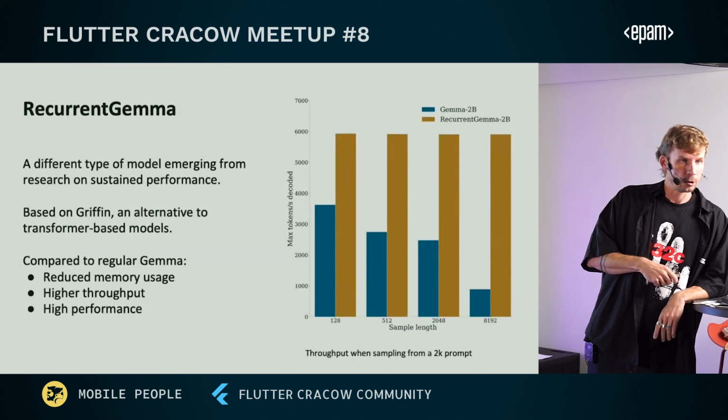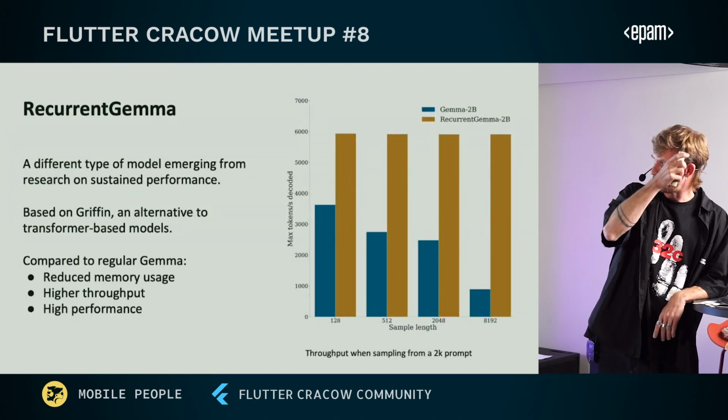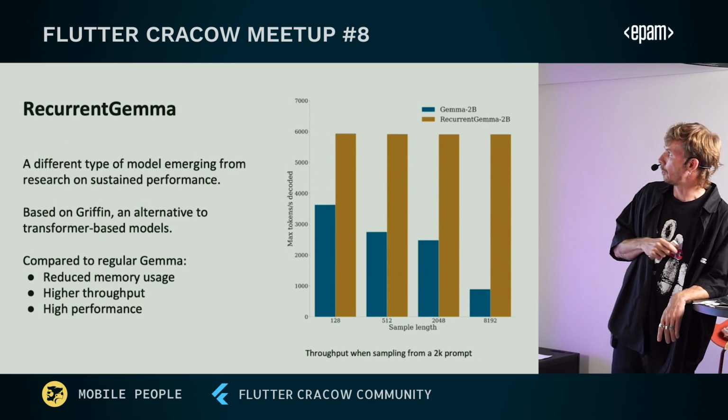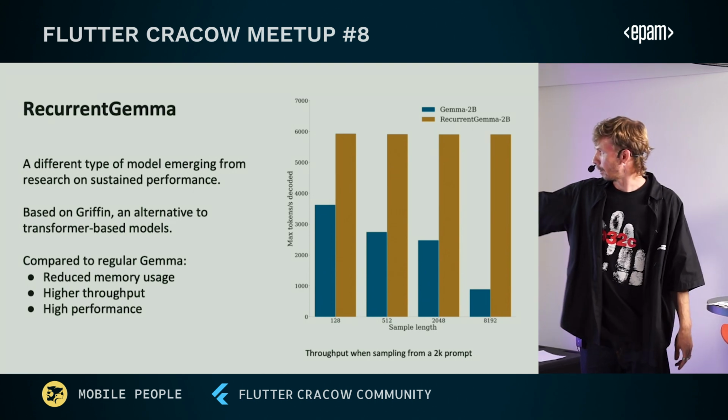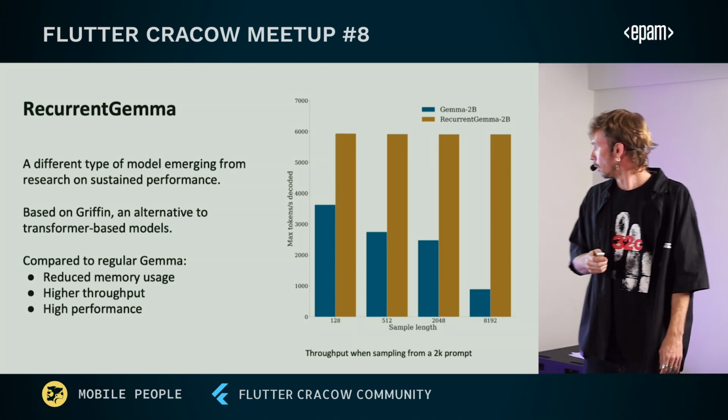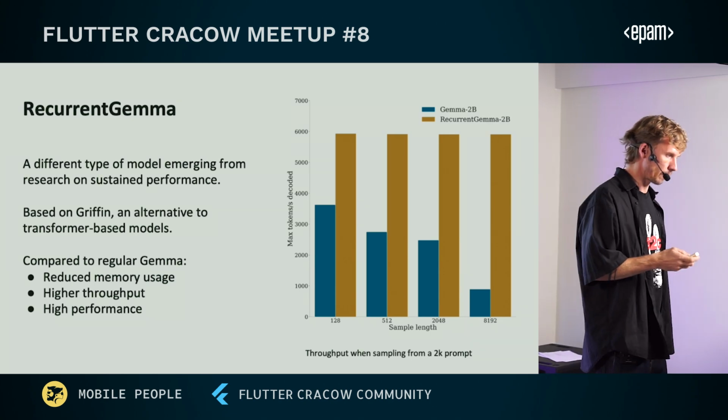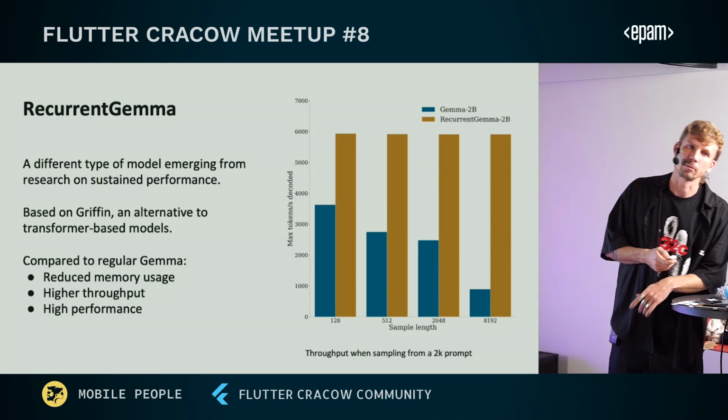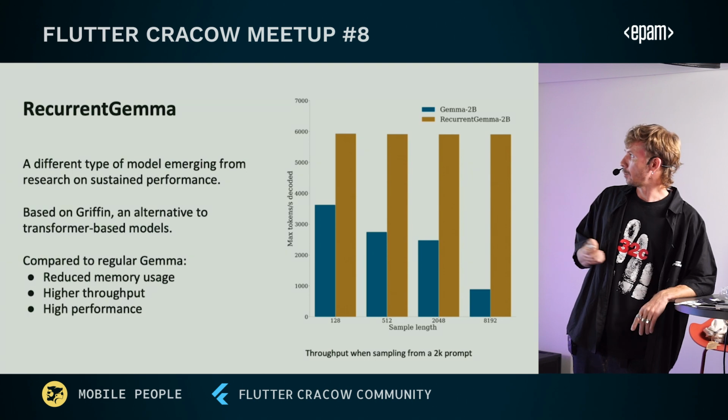There is RecurrentGemma. It's a Gemma prepared with a little bit different approach, and there is a graph that shows that it's much more accurate and powerful than the usual Gemma, but a little bit bigger.